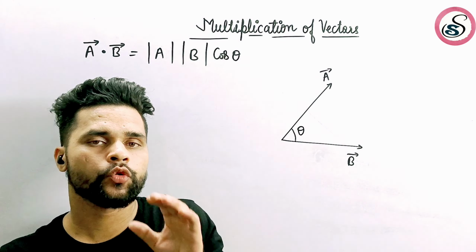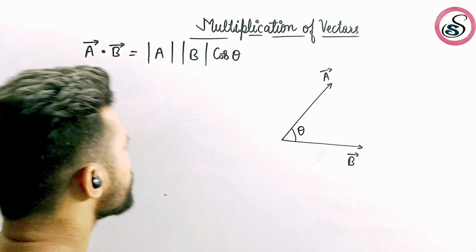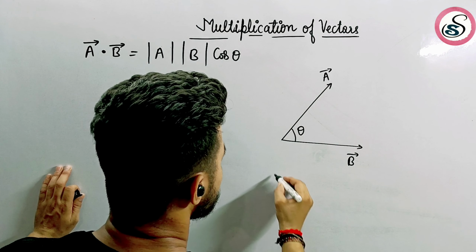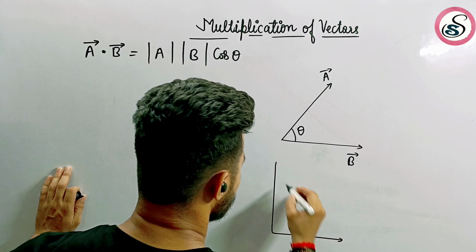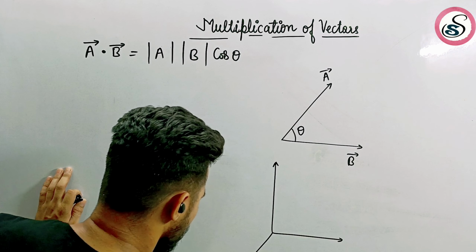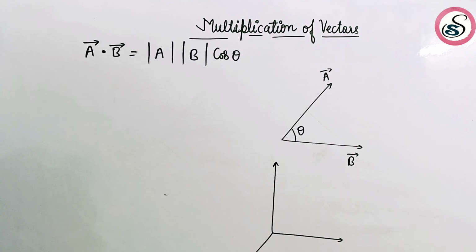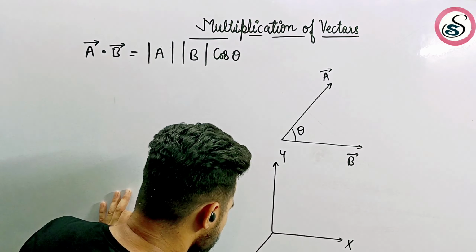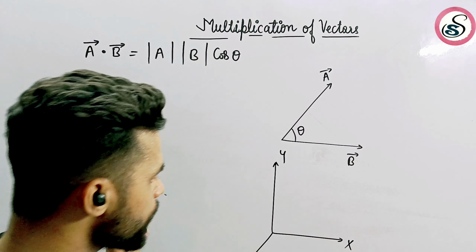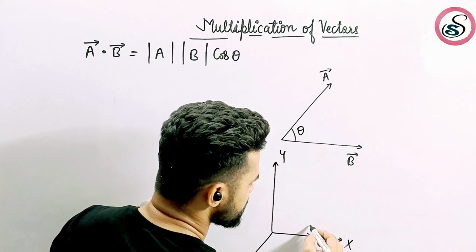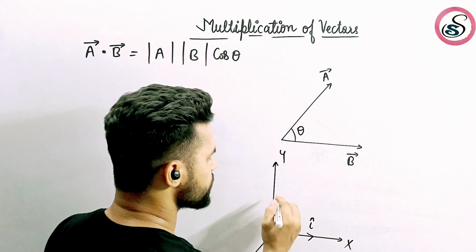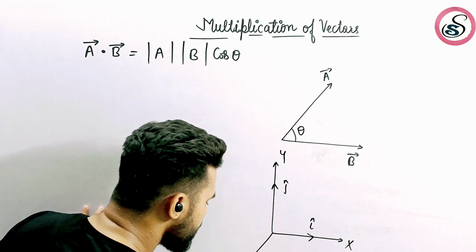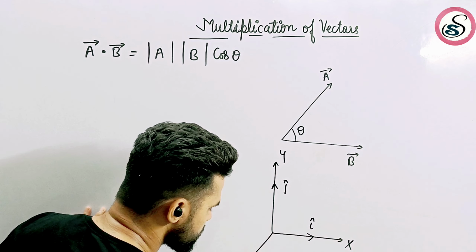Okay, now we are going to discuss the dot product of unit vectors. We know there are three coordinate unit vectors. This is x-axis, this is y-axis, and this is z-axis. I cap is the unit vector along x axis, j cap is the unit vector along y axis, and k cap is the unit vector along z axis.